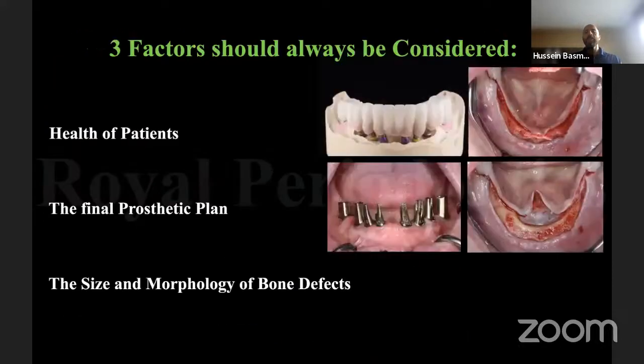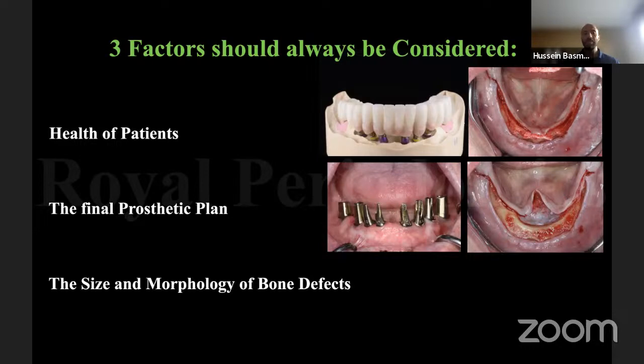Okay. So in order for us to decide on the bone augmentation, we have to understand some of the factors that impact the bone graft selection, because there are some cases where the health of the patient, depending on the medication and the patient's medical problems, could compromise the healing of the bone and also impact our bone grafting.